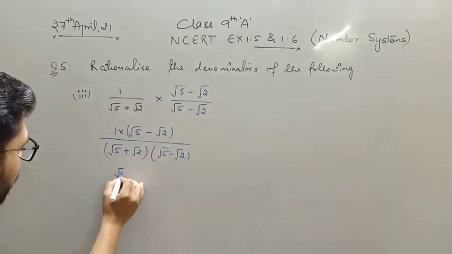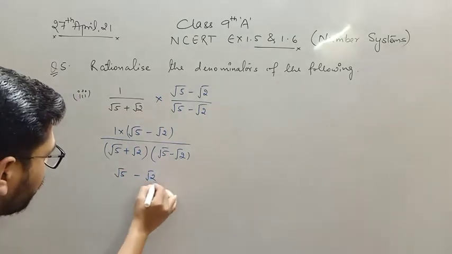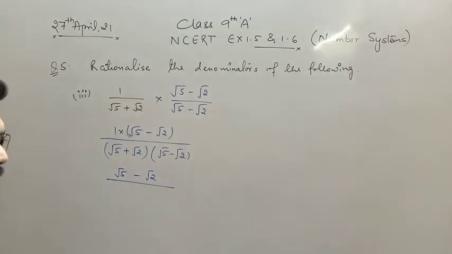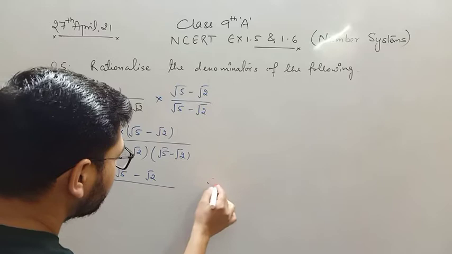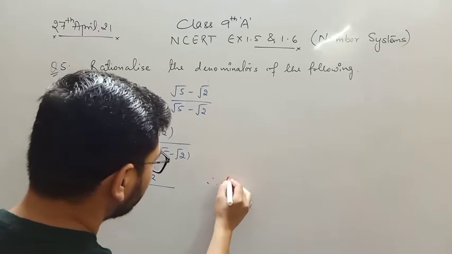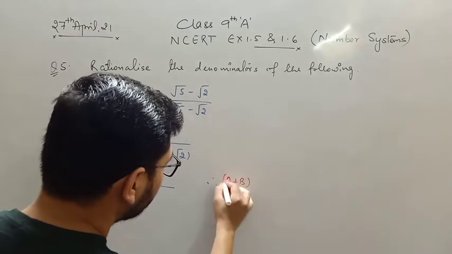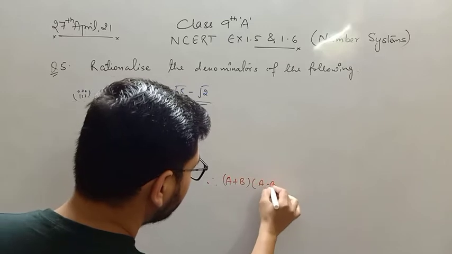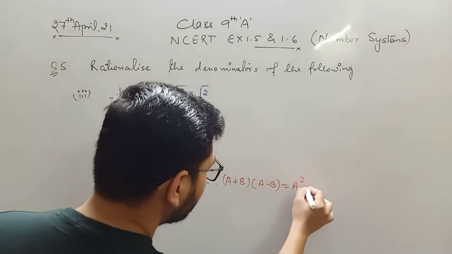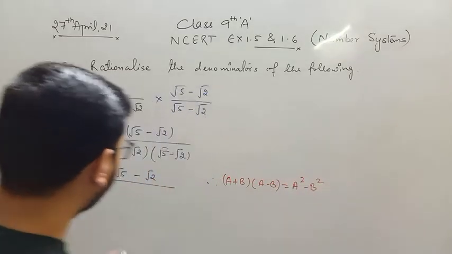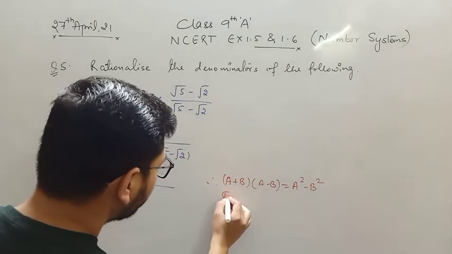So I'll get root 5 minus root 2 in the numerator. In the denominator, I'm using one identity, a plus b and a minus b, which equals a square minus b square, right?